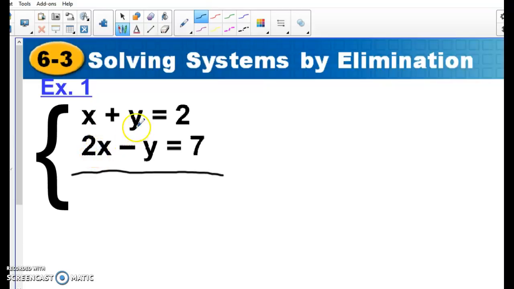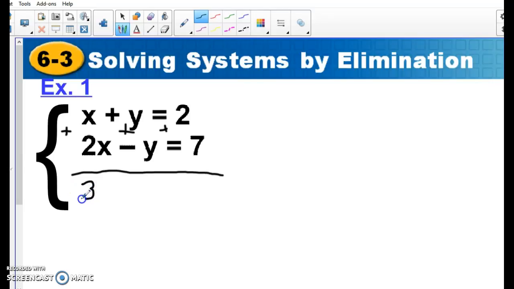But I can eliminate my y's because they're both 1y, but I would need to add everything. If I subtract them, I really just end up with 2y, which doesn't help me. So I'm going to add everything in order to eliminate my y's.